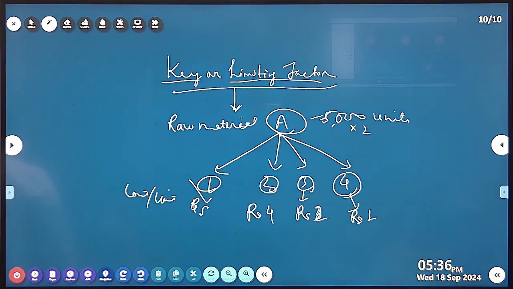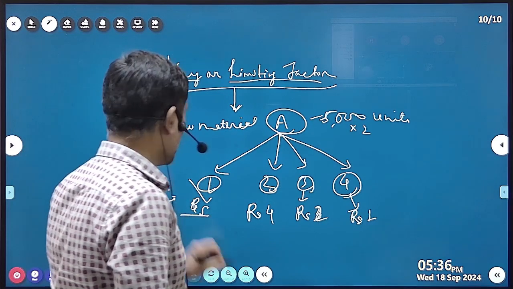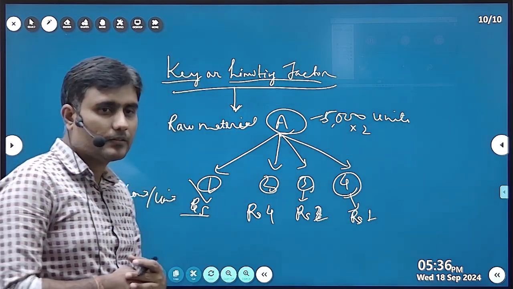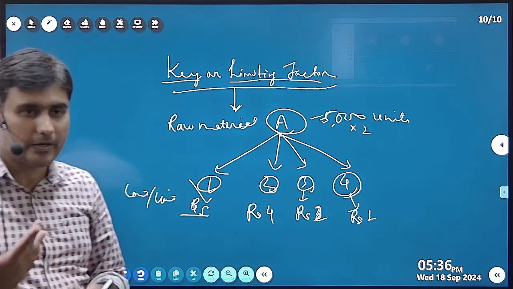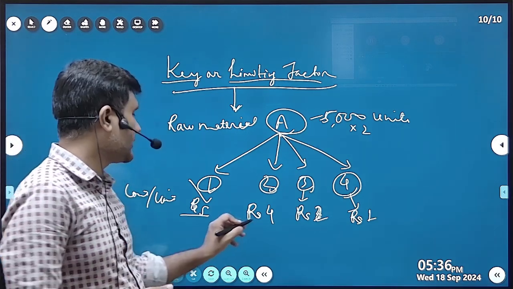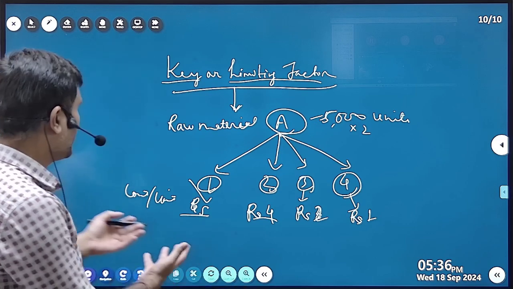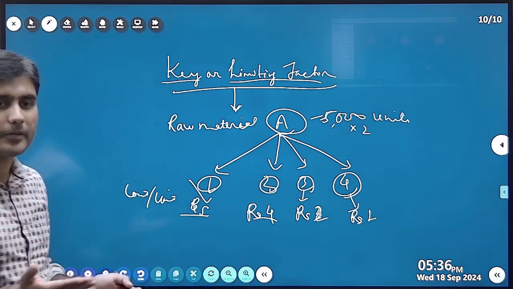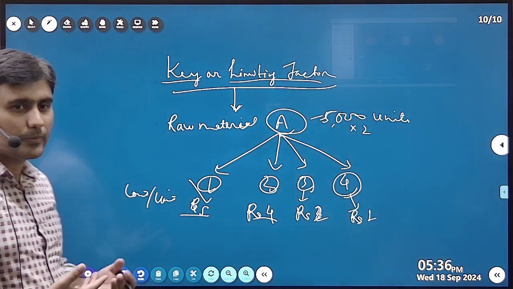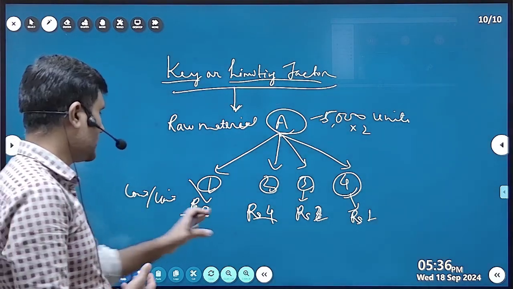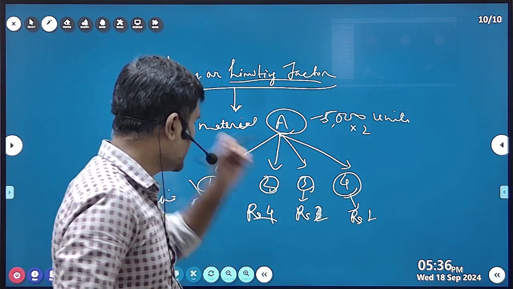Which product will you manufacture first? Which product will you try to manufacture more? It is simple. You will try to manufacture 1 as much as possible, and after the demand in the market for 1 is exhausted, then you will manufacture 2. Because if you manufacture only 1, the market may not have adequate demand for it. So you have to manufacture as per the demand of products also. Then you will manufacture 2, 3, 4.